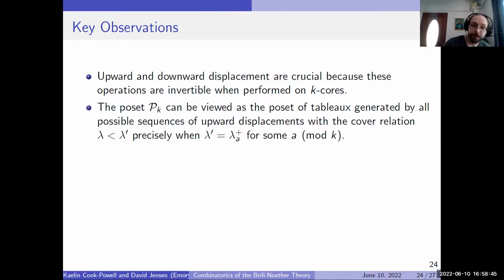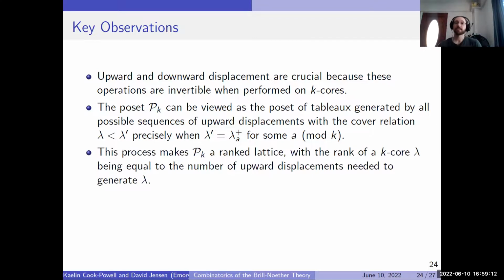One way that you can view the poset of all k-cores is by starting with the empty partition and then looking at the poset, I'm sorry, it should be partitions and not tableau, generated by all possible sequences of upward displacements, with cover relations given by upward displacing by a single congruence class.